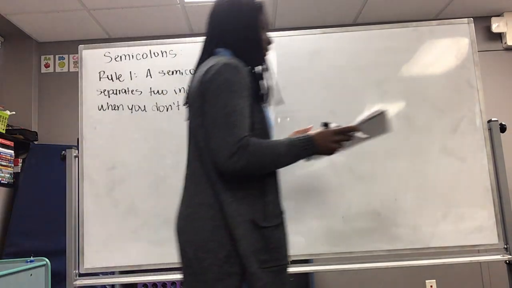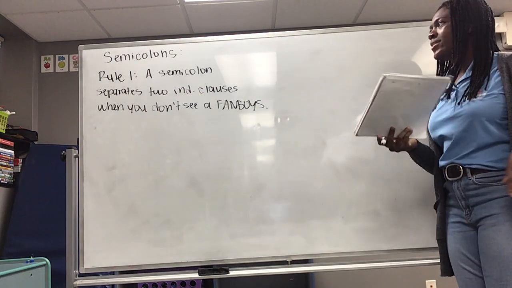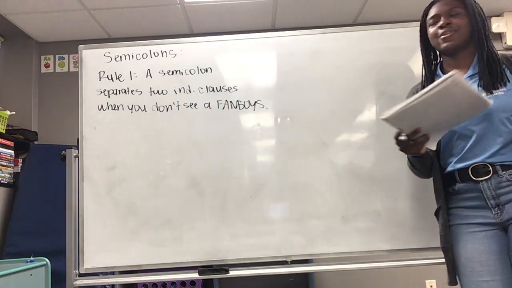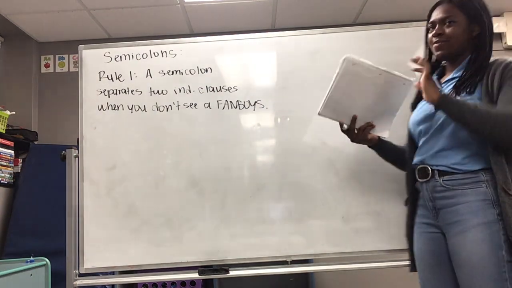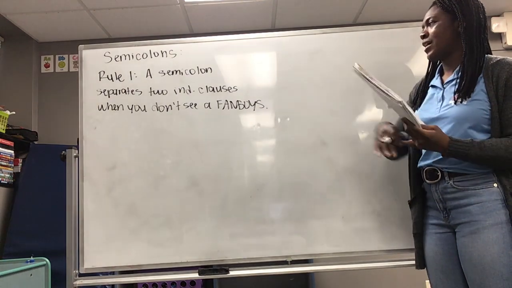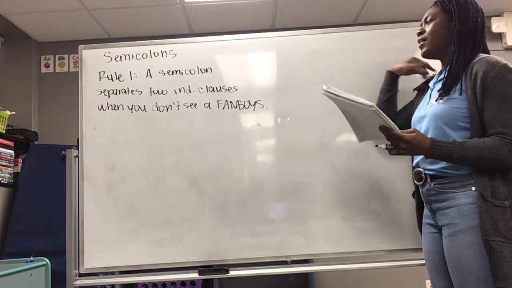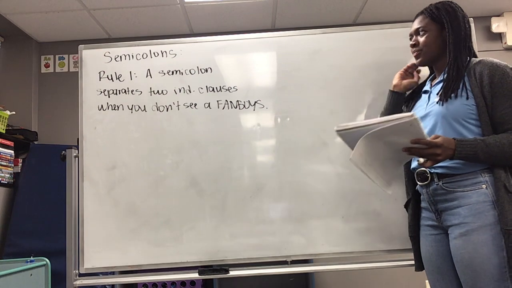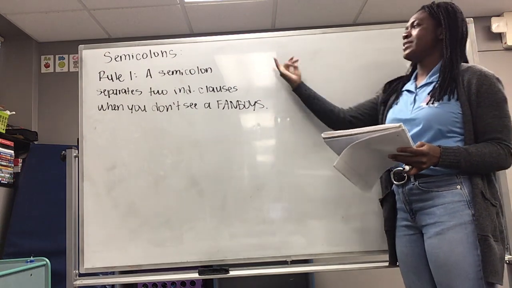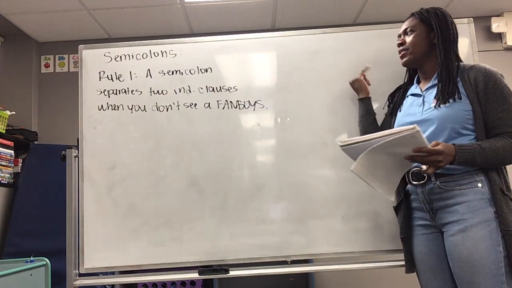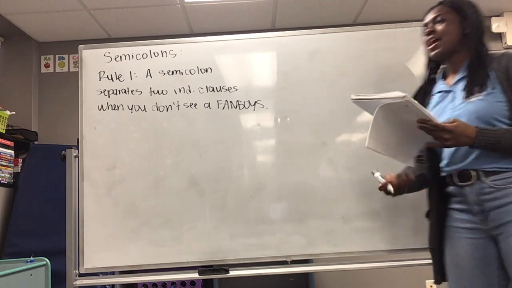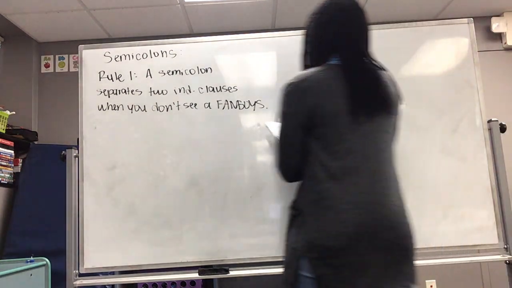So the first rule is that a semicolon separates two independent clauses when you don't see a fanboys. So remember, our fanboys was that acronym for those conjunctions, which is for, and, nor, but, or, yet, so. So in contrast, a semicolon is actually separating those two independent clauses. And so I'll show you an example of what it looks like.